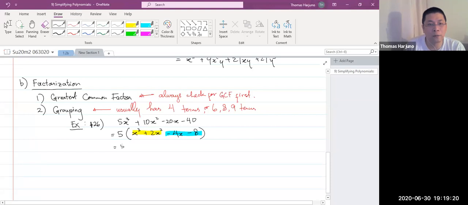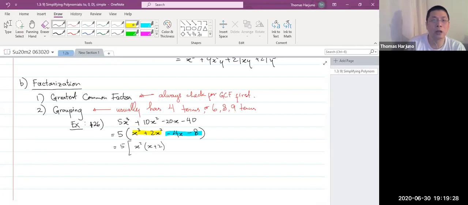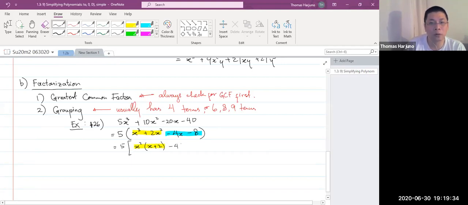And in the first 2 terms, the common factor is x squared. And in the last 2 terms, the common factor is negative 4. Notice that I always follow the sign I have there.